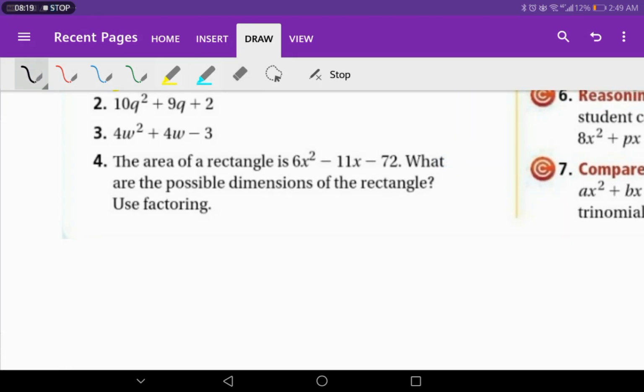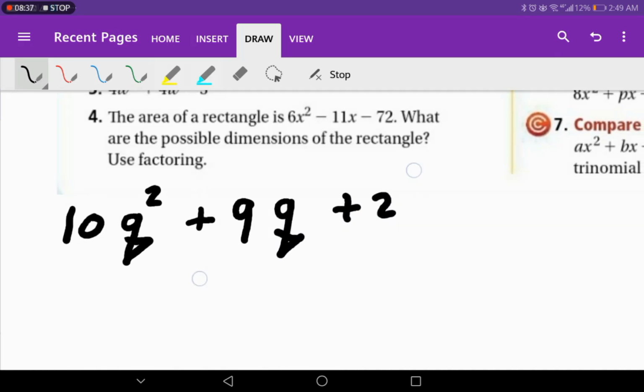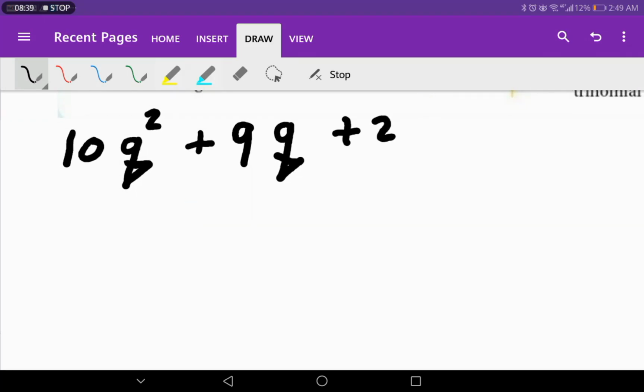It is 10q squared plus 9q plus 2. I don't like to use q actually, it is confusing.